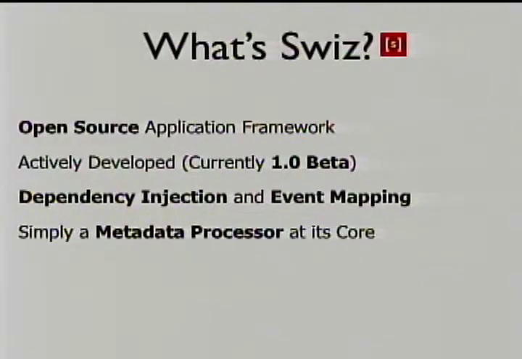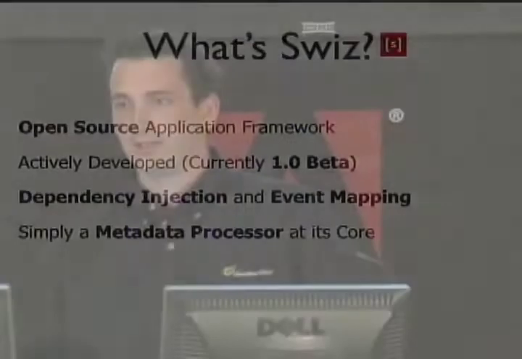So what's Swiz? It's an open source application framework. Since this talk is so much about metadata, I don't want to get into all what an application framework should do, but for those of you familiar with Swiz or Mate, Cairngorm, things like that, it basically just helps you build an application so that it's structured in a way that you can extend it, and you're not doing things like putting all your logic and view in the same file.